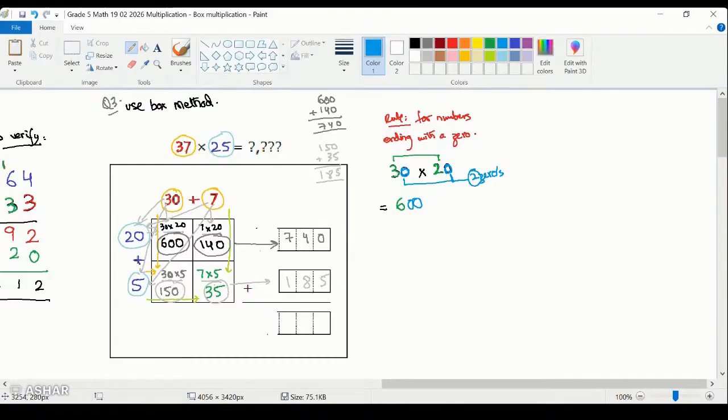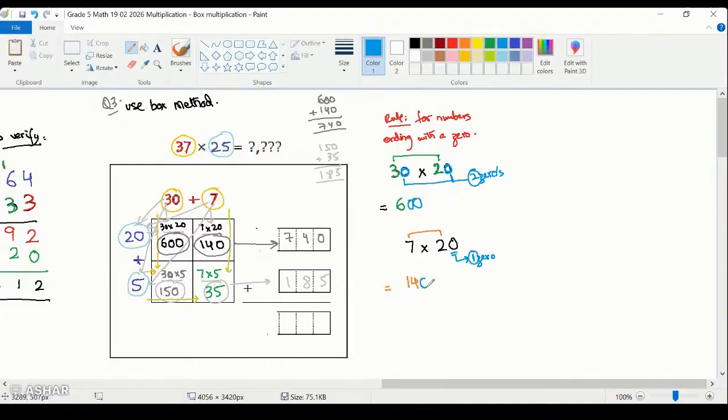Okay. In the next example, 7 was multiplied by 20. How many zeros do we have over here? We have 1 zero. Let's multiply 7 by 2. 7 multiplied by 2 is equal to 14. And how many zeros did we have? We had a single zero.